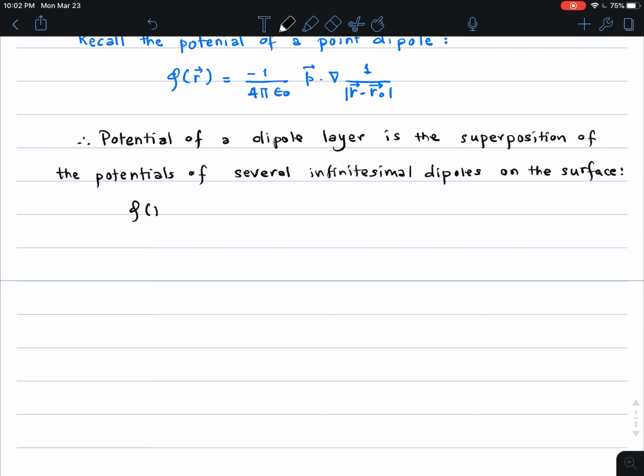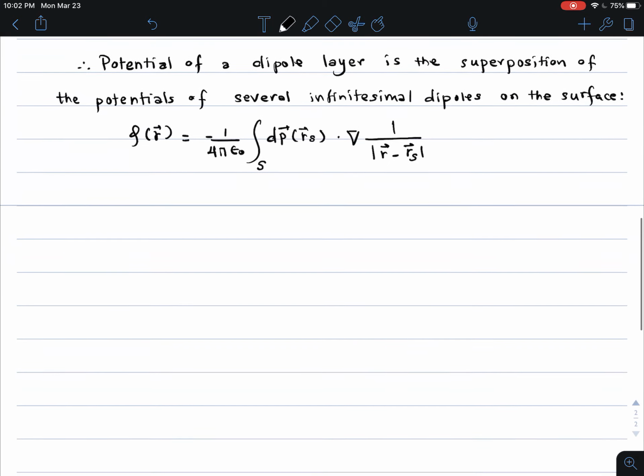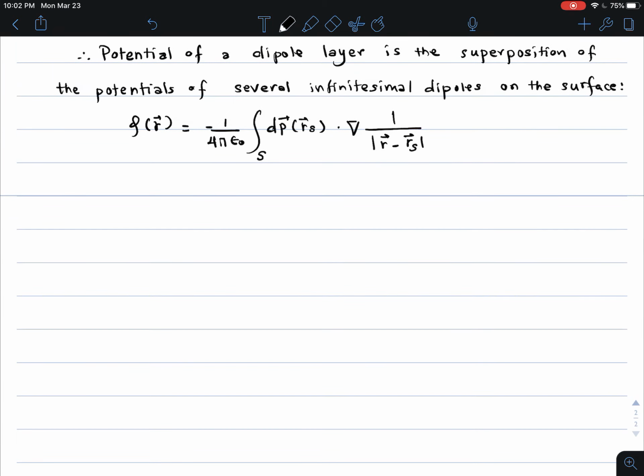And with that assumption, we get phi of r as negative 1 over 4 pi epsilon 0 integral over the surface of the small dipole moment dp at the position of rs, dotted with the gradient of 1 over r minus rs. rs is the source point.